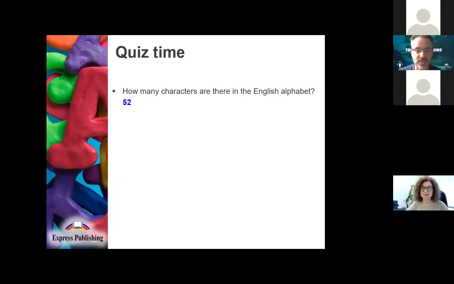I agree in some letters there is, like lowercase d and uppercase D. So our learners do have to learn to recognize 52 characters, not just the 26 that we think of as the individual letters of the alphabet.